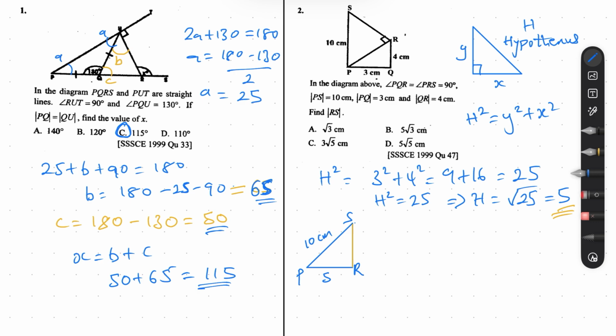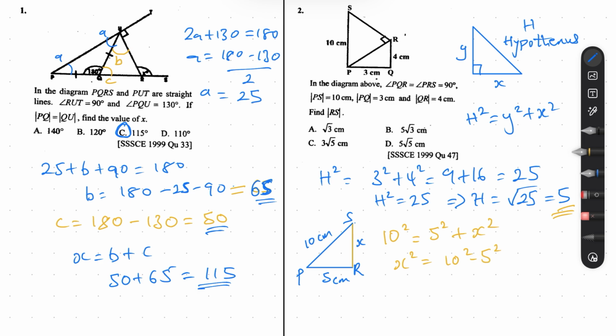This is 5 centimeters. So 10 squared should give us 5 squared plus, if we call this side x, x squared. Now we just need to change the subject to x. So x squared will be 10 squared minus 5 squared.